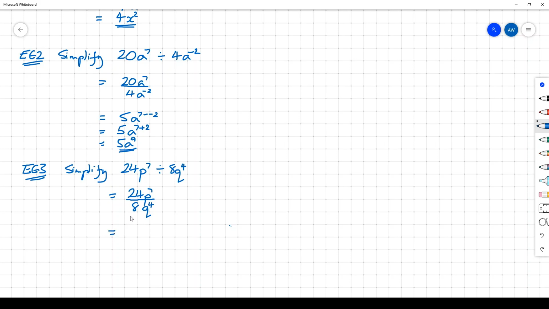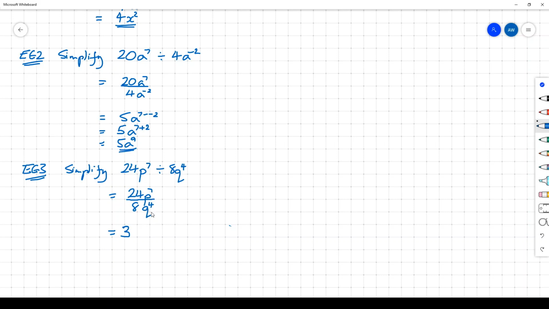Okay, so in this example, yes, I can do 24 divided by 8. That's a nice 3. And p to the 7 divided by q to the 4. Right, well, p to the power 7 and q to the power 4, the bases are different. P is different to q.